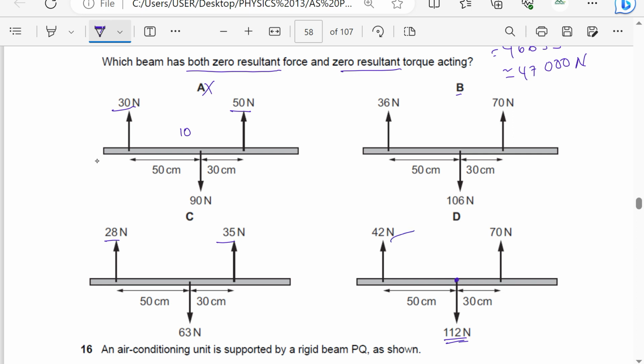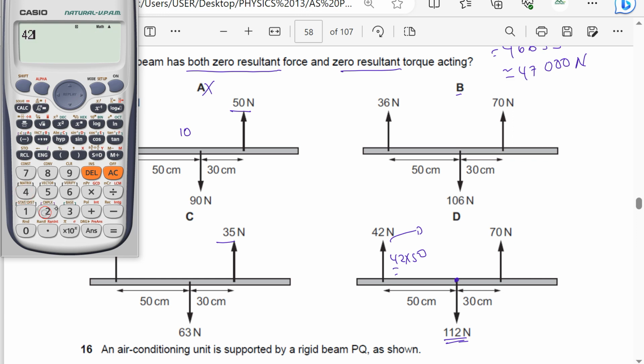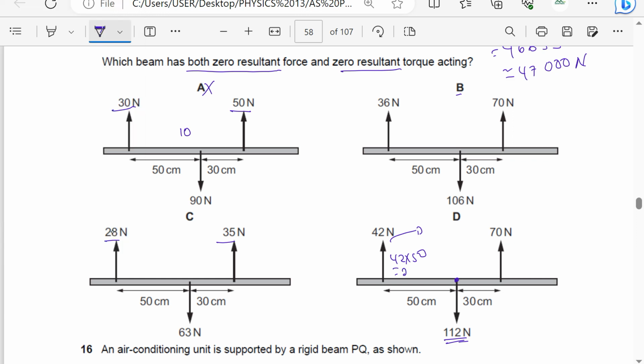But this one will cause a clockwise moment, that is 42 times 50, which is 2100. And this one will cause an anticlockwise moment, which is 70 by 30, which is 2100. So the resultant moment is going to be 0, because this will not have a moment if I take moments about this. So the answer is going to be D.